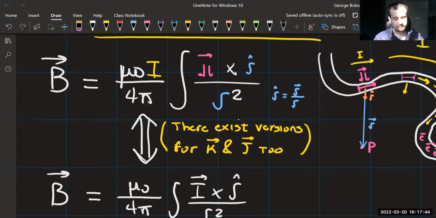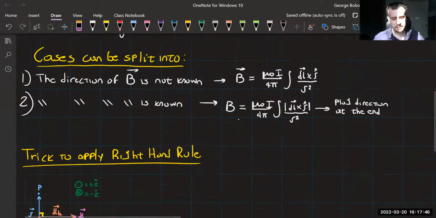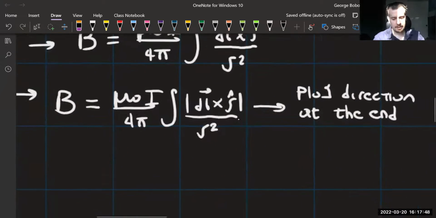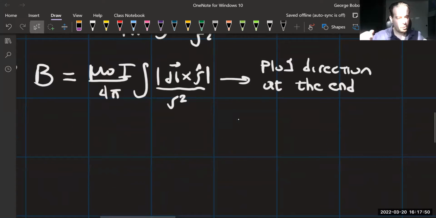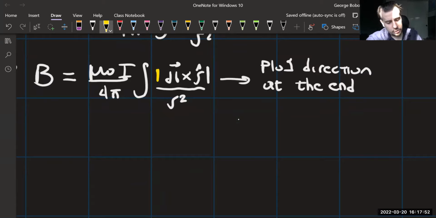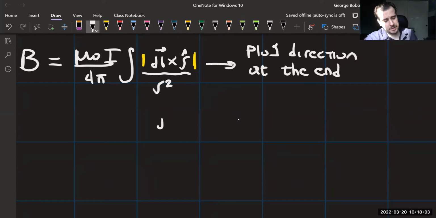What's the shortcut? Well, if we know the direction, we can take the size of this cross product. And what this saves you is the pain of doing the cross product itself, because if you remember from 115 or ECE 105, you can open this up like this.